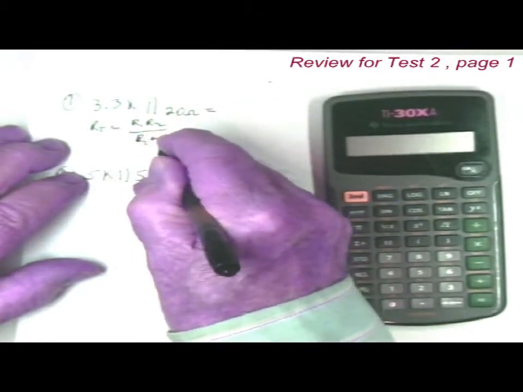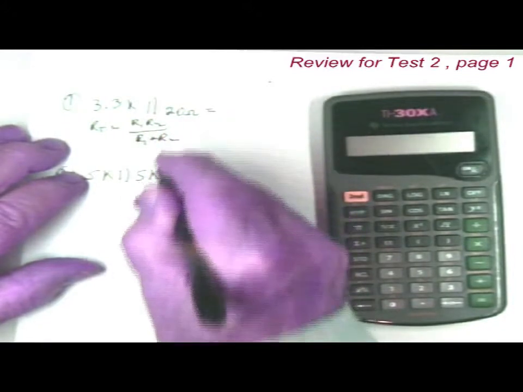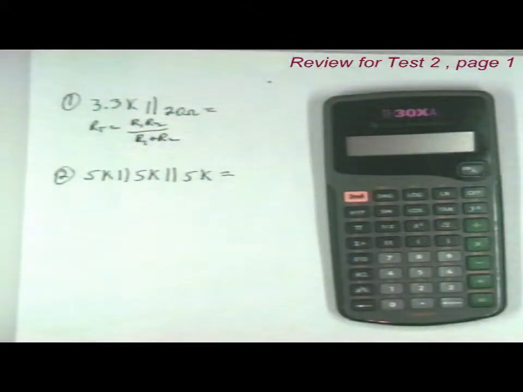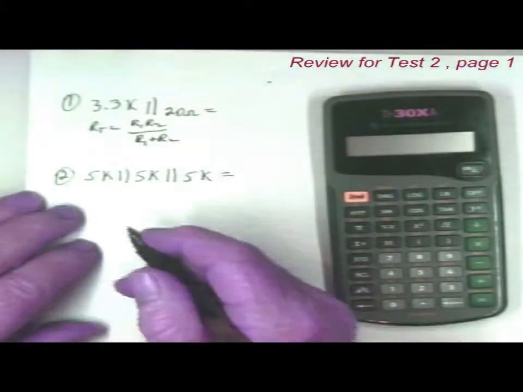R1 plus R2. But we sort of decided in my class that probably using the calculator, it's just as fast to not have to remember all these formulas. So the one we use is the product over the sum.